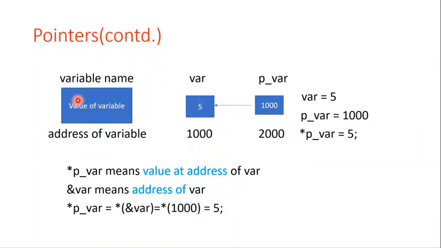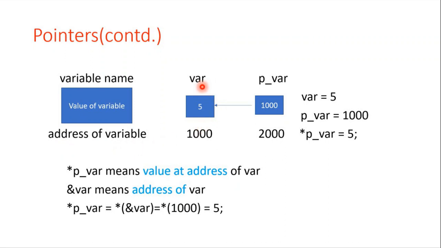Here, to understand the pointer we should make this box. Inside the box we write the value of a variable, on the upper side of the box we write the variable name, and below the box we write the address of a variable.